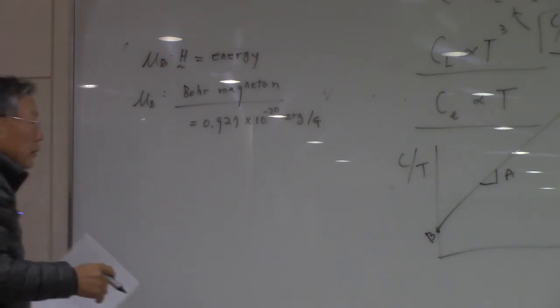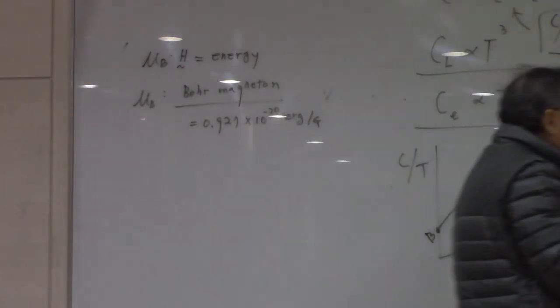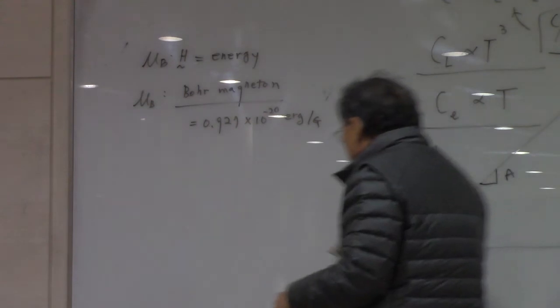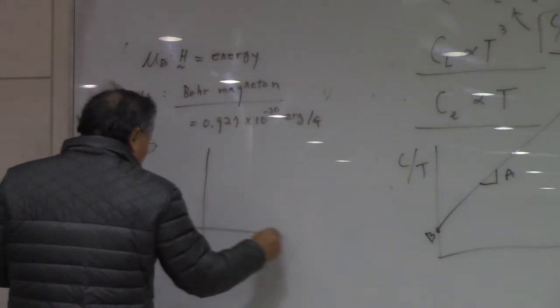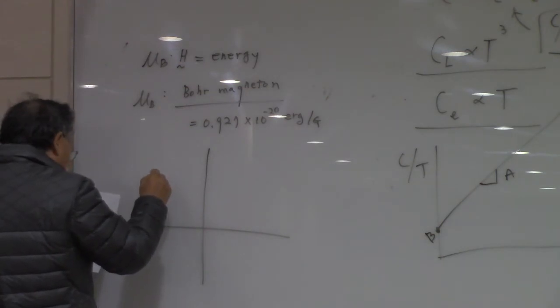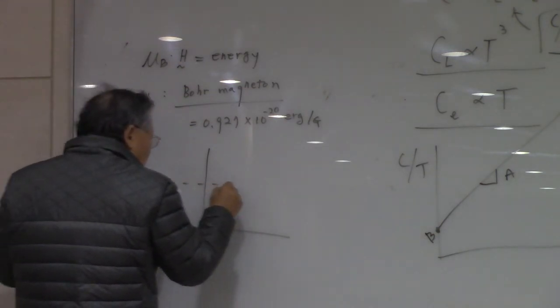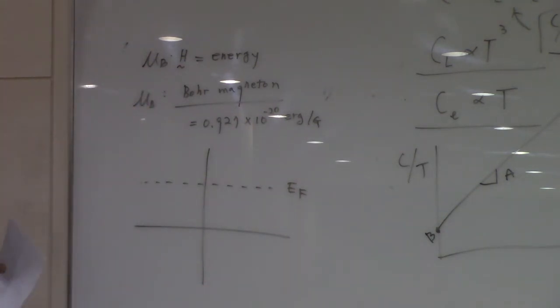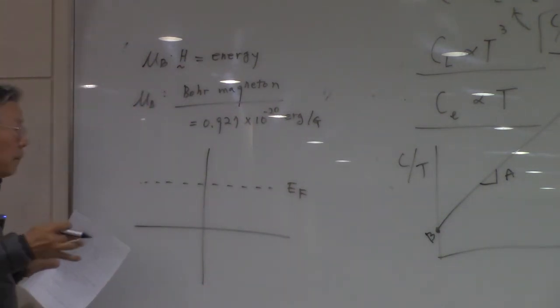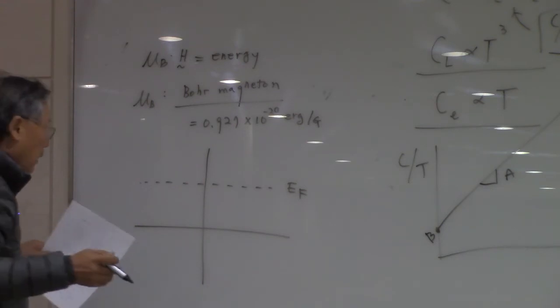Anyway, if you change that, then what you can think is, actually, if you draw, the Fermi energy is not going to be changed after the equilibrium with the application of the magnetic field.